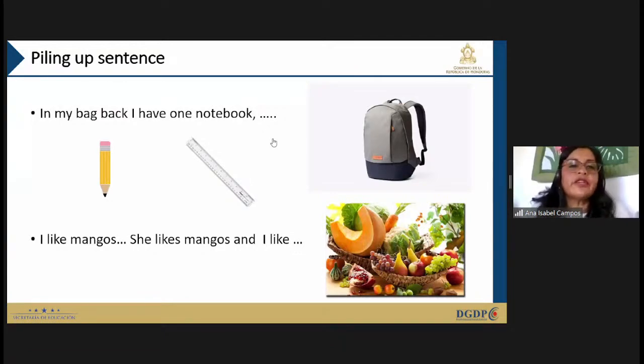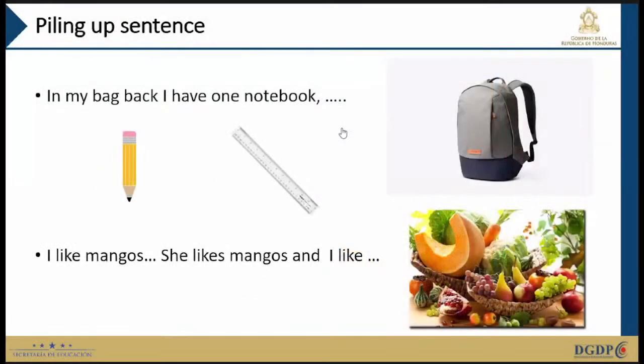Or they can use, for example, the structure I like, and the teacher can say, I like mangoes, and then the next student can say, she likes mangoes, I like grapes, for example. And so we are reinforcing the structures like I like, she likes, he likes. So that's another type of drill that we can use, and it's very communicative.